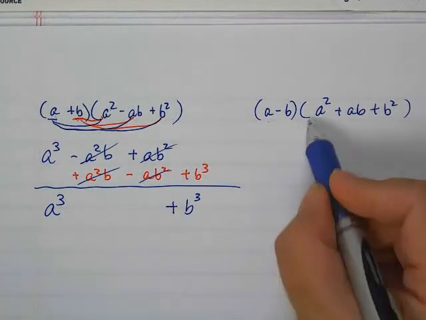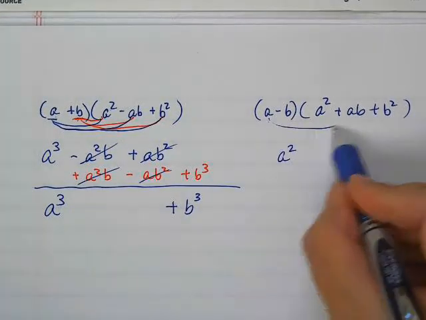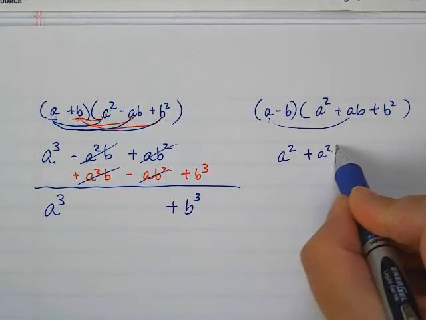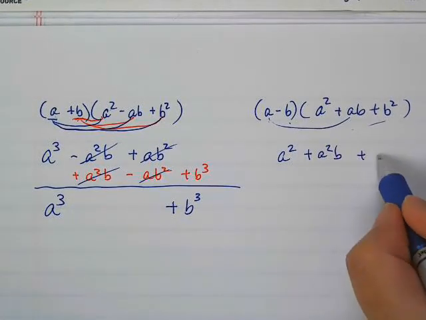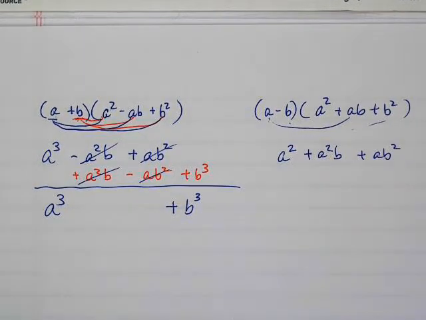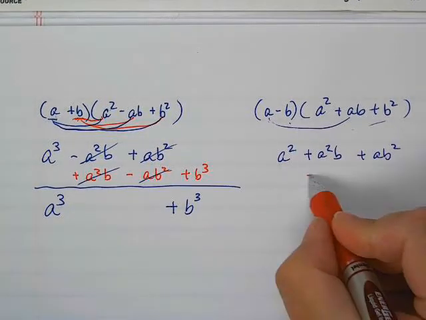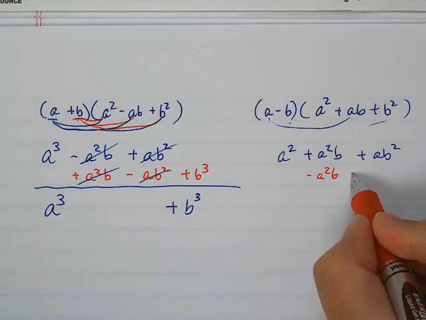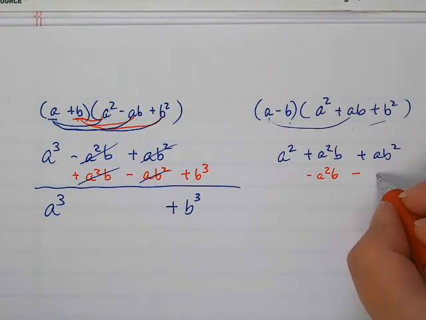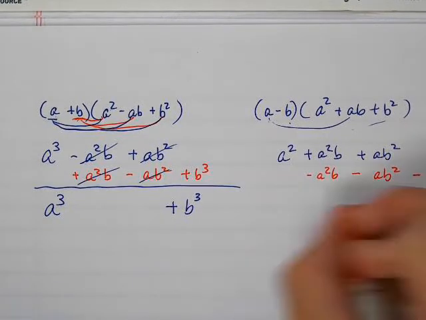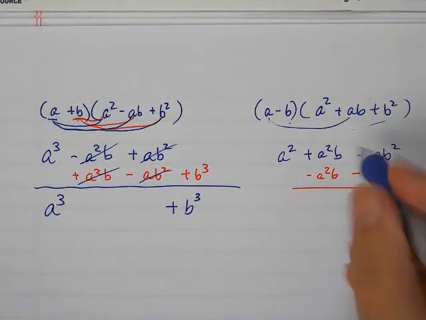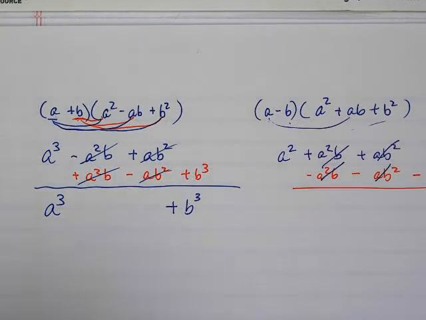Let's see what happens on this problem. A times a is a squared, plus a squared b, plus ab squared. Okay, the second row would be minus a squared b, minus ab squared, minus b cubed. So what happens is these terms cancel out once again.